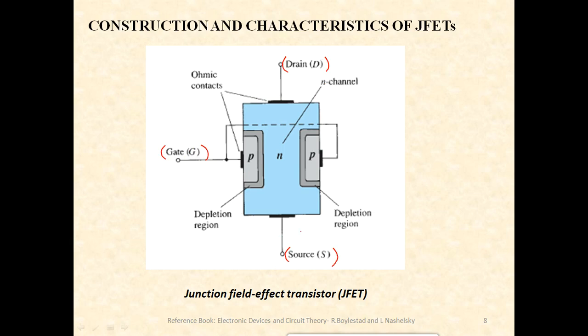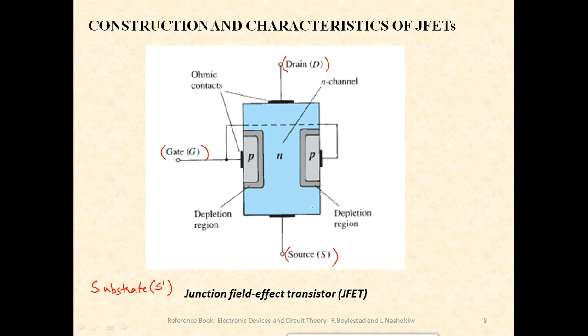The fourth terminal is actually hidden here, but it is always present, and it is called the substrate. Usually we denote it by S dash, and normally it is tied to the ground potential. So what do we have here?